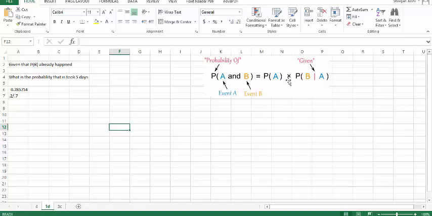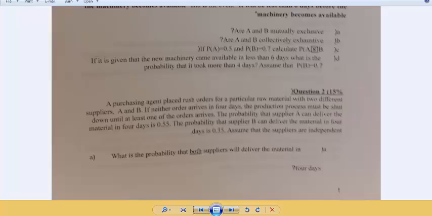So in this question, we want to find the probability that it took more than 4 days, given that A has already happened. So that would be the probability of A and B, the intersection of both, divided by the probability of A.